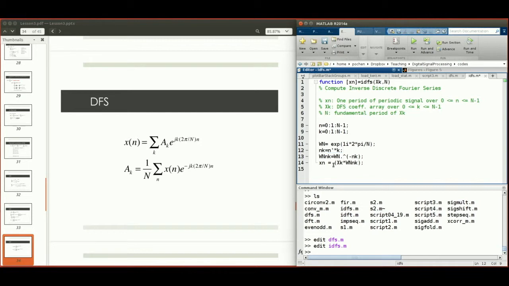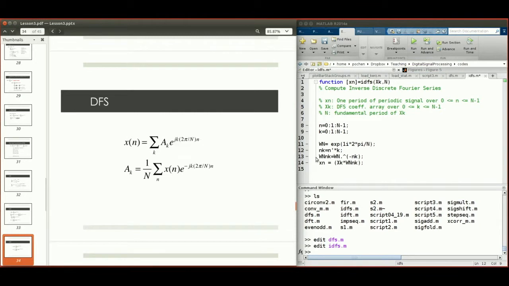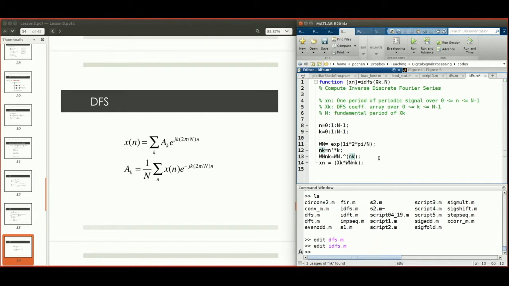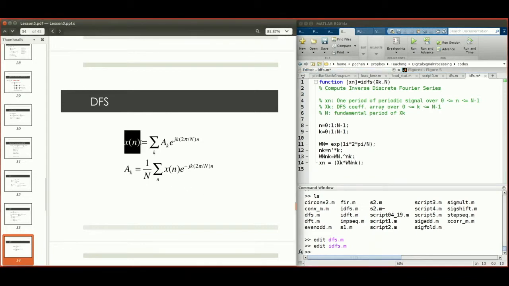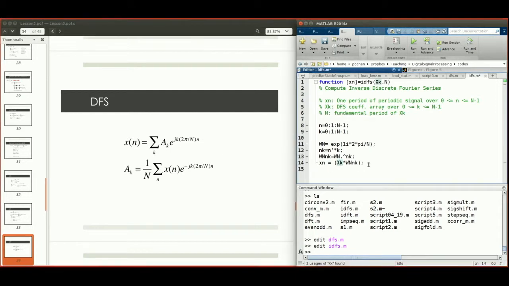And then this complex exponential as a matrix can be constructed by using a dot hat, component-wise taking the power. And eventually this xn, the synthesis equation, can be reconstructed by doing a matrix vector multiplication. That's the synthesis equation, right?